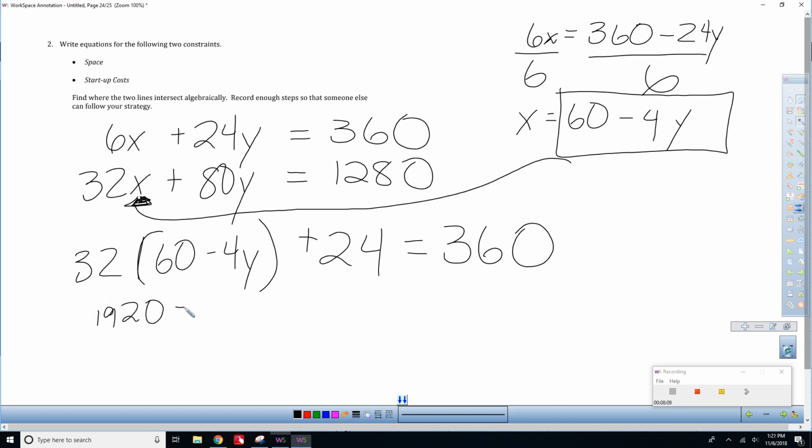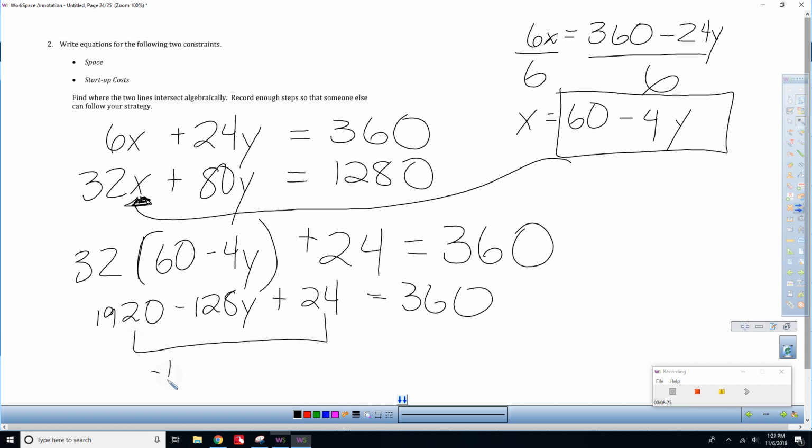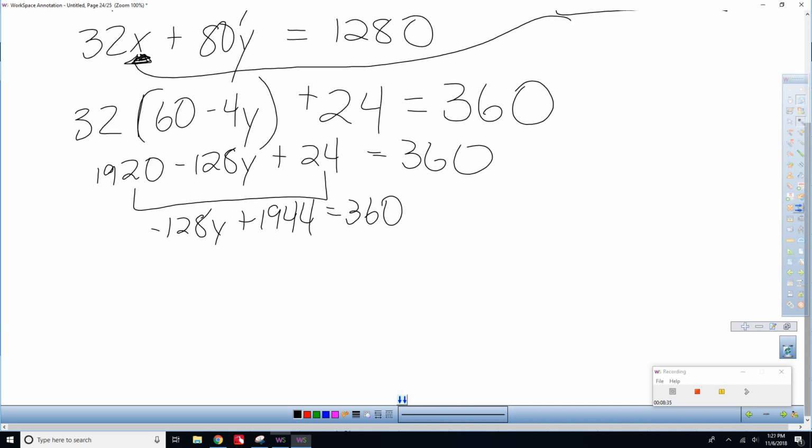And what's 32 times negative 4? Okay, now, do 1920 plus 24. Okay, subtract 1944 from both sides.